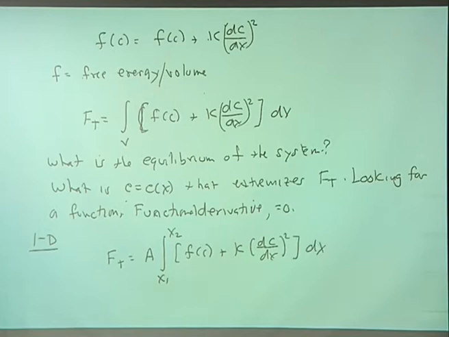And since this is so important, I'm going to go through the details here so that you understand clearly what's going on. What we're going to do is set the first variation of the energy, or the functional derivative, equal to 0. We have to find that.